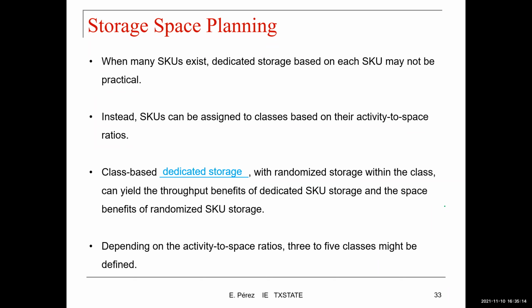Class-based dedicated storage with randomized storage within the class can yield the throughput benefit of dedicated SKU storage and the space benefit of randomized SKU storage. So that alternative is a mix of both philosophies. Depending on the activity to space ratio, 3 to 5 classes may be defined.